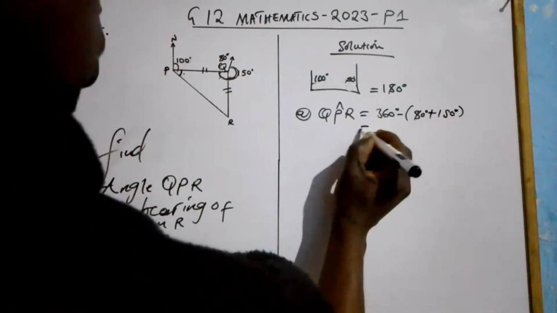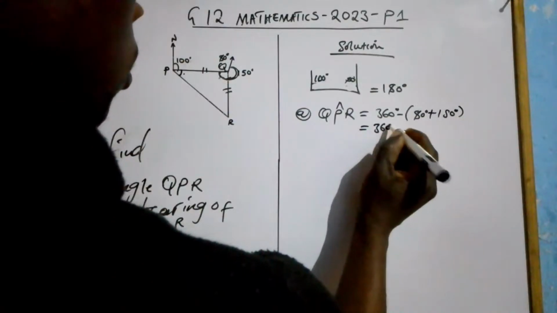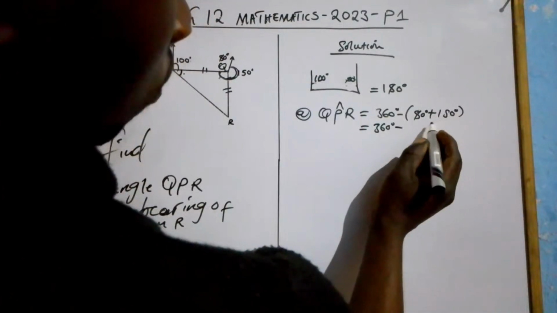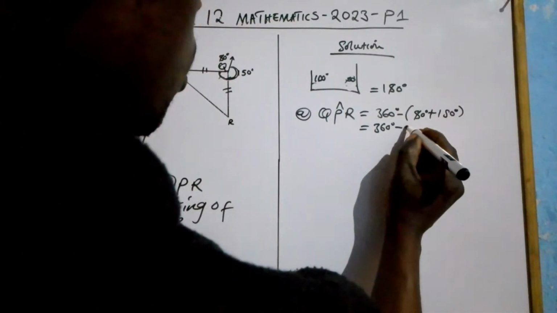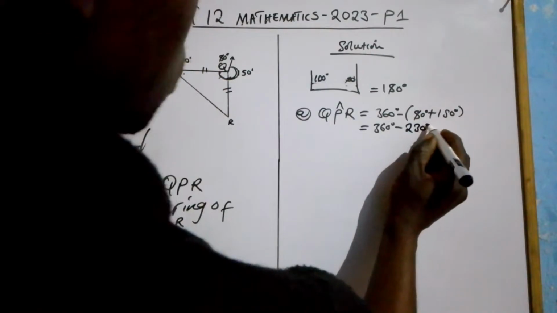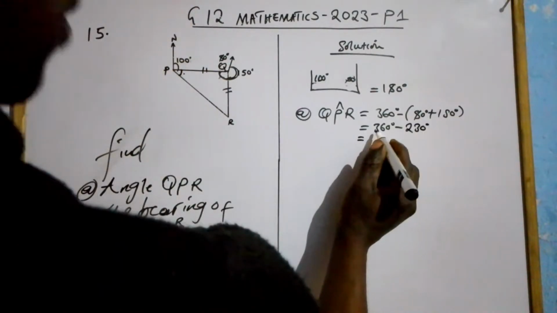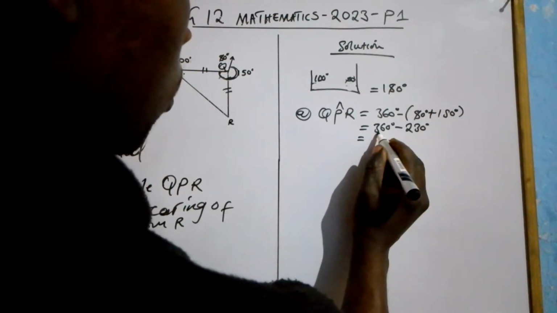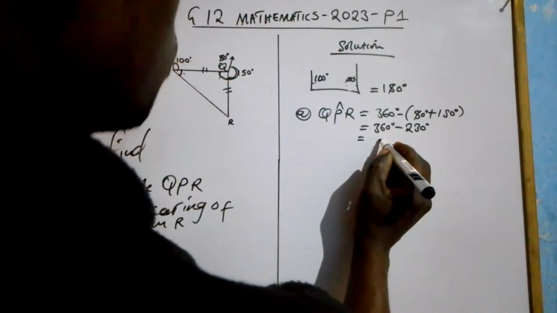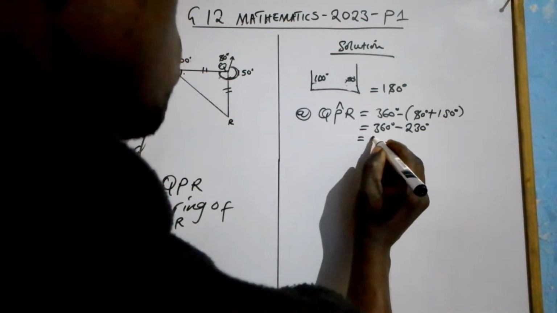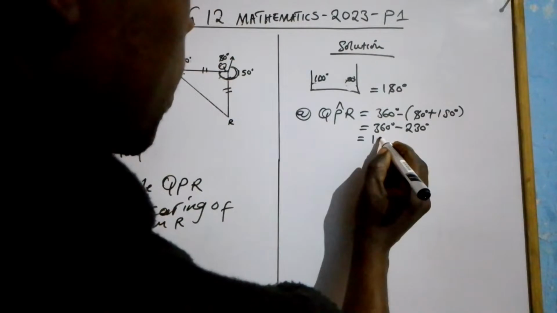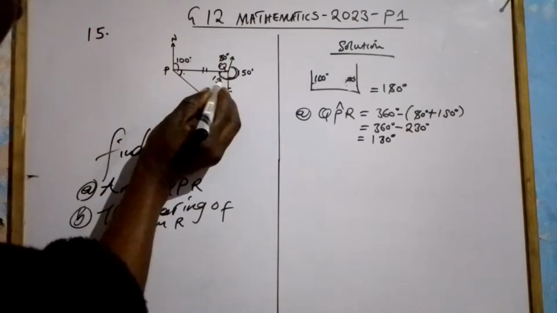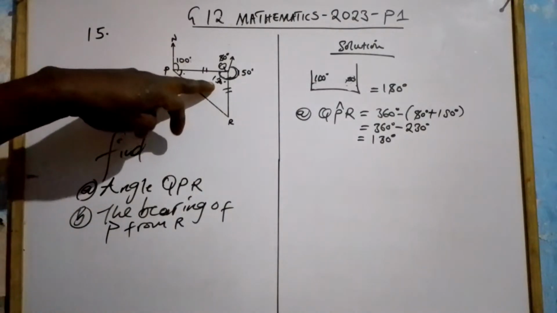Okay, in which 80 plus 150, you are going to have 230 degree, and 360 minus 230 degree, you are going to have 130 degree. So here it is 130 degree. So we have found the 130 degree here.